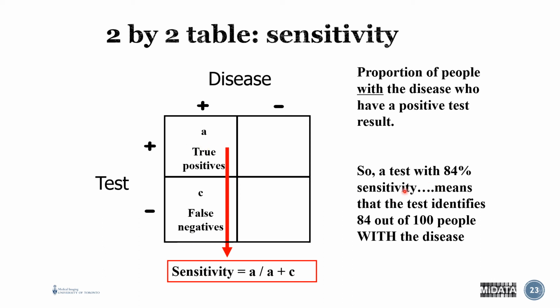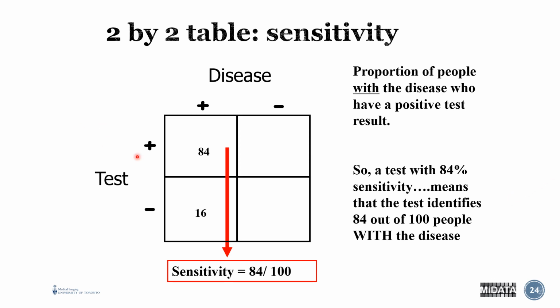So a test with 84% sensitivity means that the test identifies 84 out of 100 people with the disease. Just a quick example, if we have 84 true positives and 16 false negatives, sensitivity will be 84 over the total of 84 and 16, which is 100, which is 84% sensitivity. 84 out of 100 people with the disease.